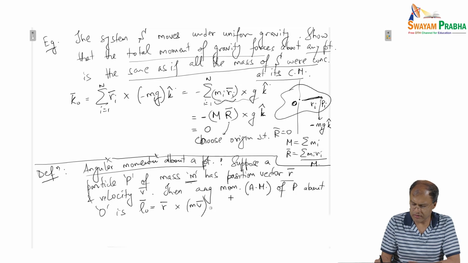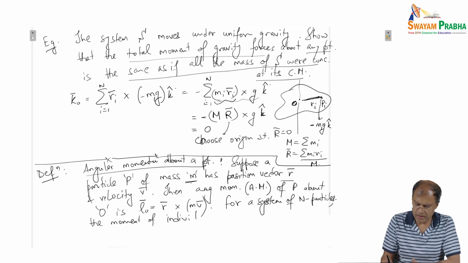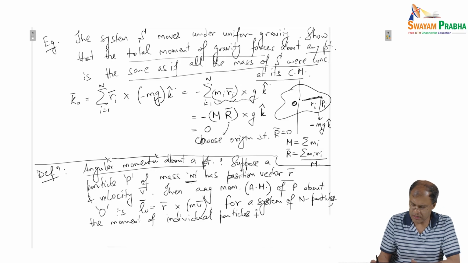And for a system of n particles, we find that the angular momentum of individual particles is L naught equals summation Ri cross mi Vi.